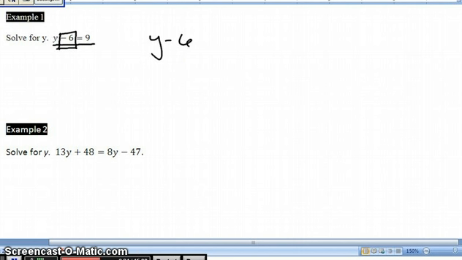The opposite of this subtraction is addition. So if I add it to one side, I add it to the other. So I have y, then I have 6 minus 6 is 0. They cancel out, equals 15. So we found the value for y that makes that statement true.